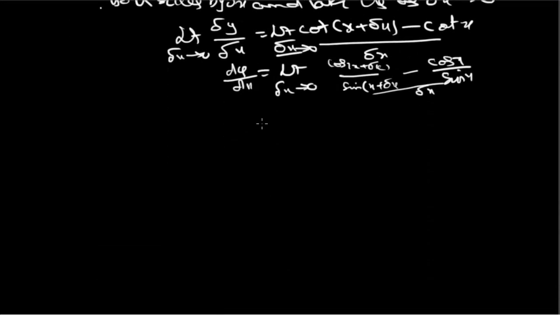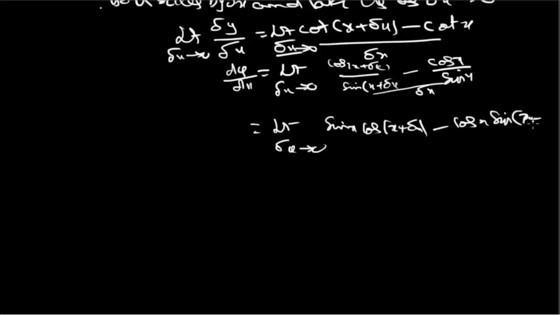Now take LCM. Limit delta x tending to 0. Here cos of x plus delta x with sin of x plus delta x is there. So cos x into sin of x plus delta x minus cos of x plus delta x into sin x, with delta x.